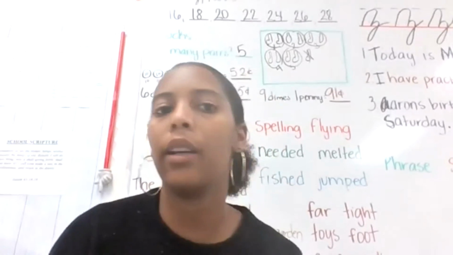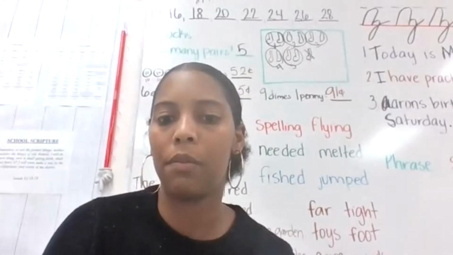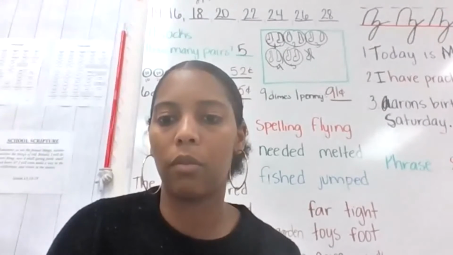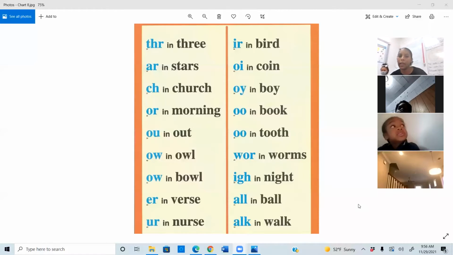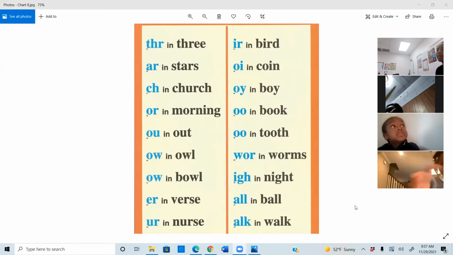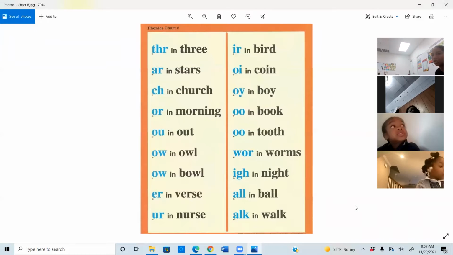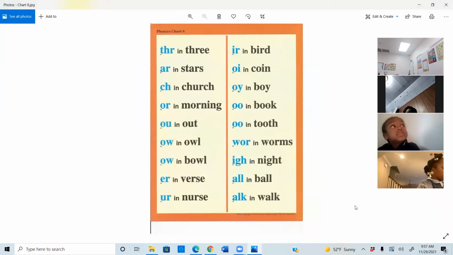All right, chart 8. I have it here. All right, let's go ahead together on 3. 1, 2, 3. THR says third, and 3. AR says R. CH says church.